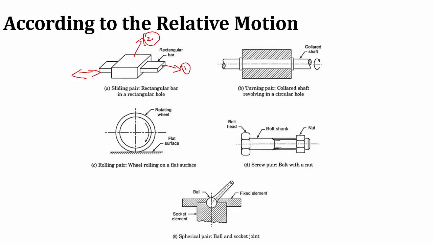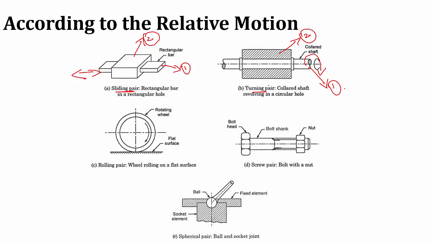That is why it is called a sliding pair. Then the second one is the turning pair. Here we have a shaft that is rotating. This is link 1, inside a hollow shaft, that is link 2. Here the two links are connected using a turning pair, which means that the shaft can freely rotate inside the hole.